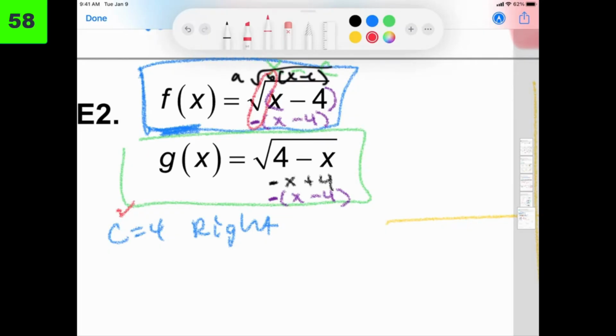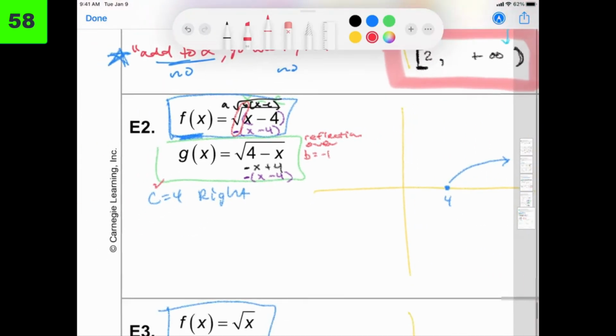So to go to g of x, if the b value is negative 1, this is a reflection over the y-axis. So if you think about it, if this is 4 here, it's going to go 4 on this side. So the green graph is going to be at negative 4. So this is my new graph.